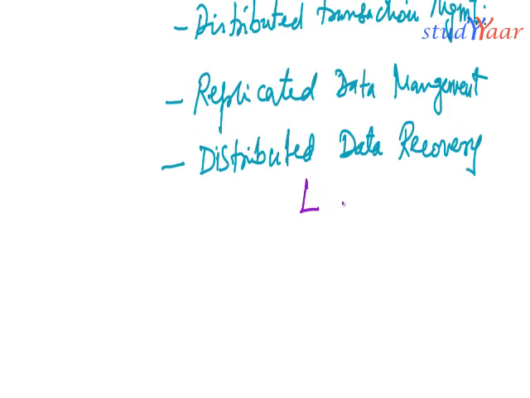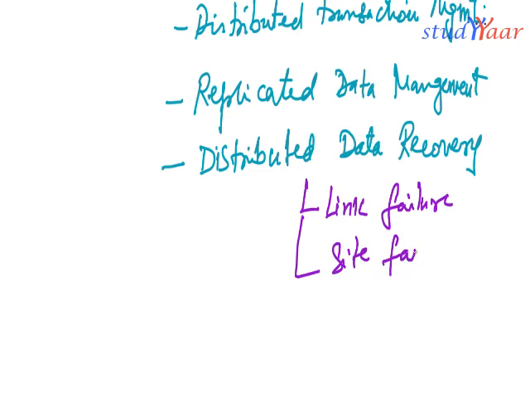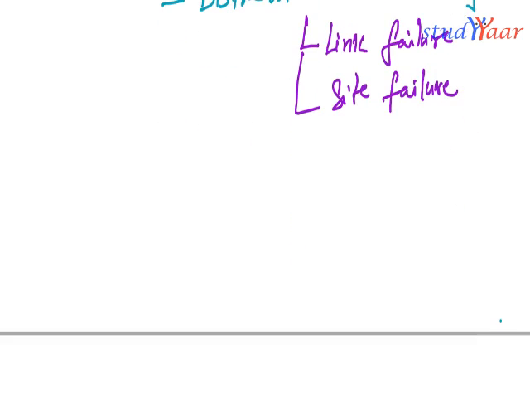Similarly, if a particular link in a network fails, then I have to recover from that as well. So there are two aspects: one is link failure and the other is site failure. You have to gracefully recover from both of these failures.